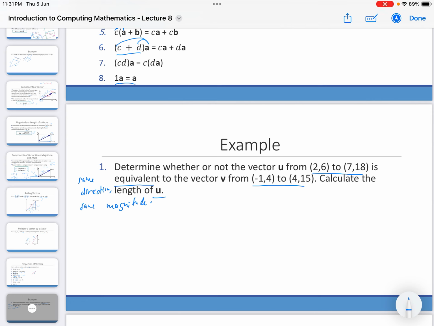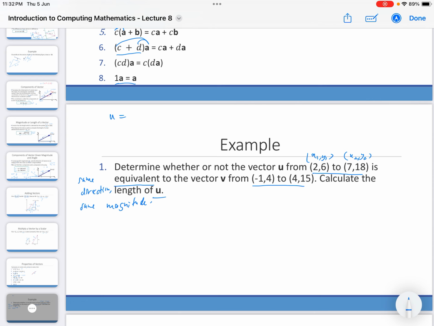Or another way is we can find the components of these two vectors. So this is where we have x1, y1, the initial point, and x2, y2, the final point of the vectors. To find the components, for vector u, it's the final minus initial.